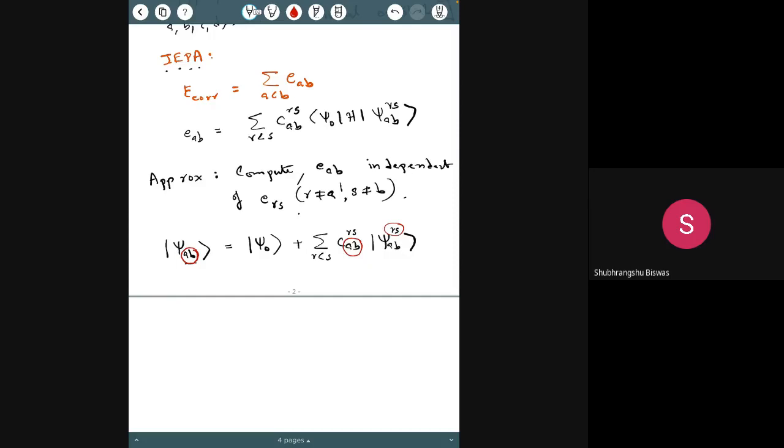What that means exactly is that I have n(n-1)/2 variables to be obtained. So I have n(n-1)/2 unique pairs of orbitals, and my variables in the wave function are pairwise.